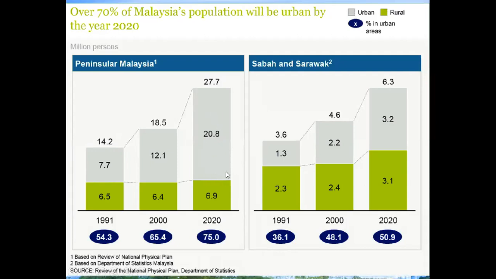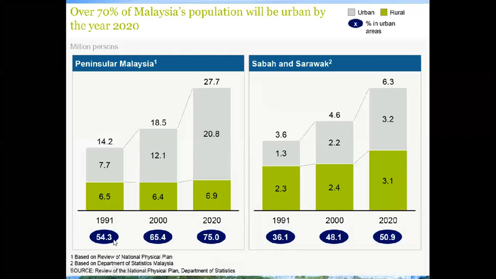So Semenanjung is probably about 70+%, while Sarawak and Sabah combined is probably just slightly over 50%. Ya, masih ramai lagi yang duduk di kawasan rural areas. So this is the percentage actually: 75 in Semenanjung, 50.9% in Sabah, Sarawak.